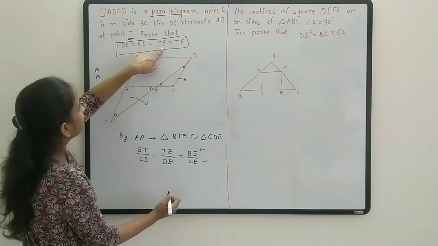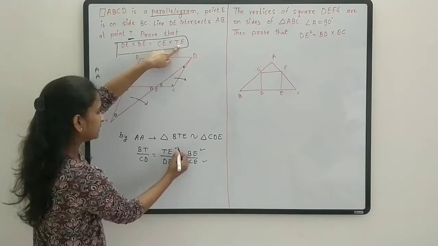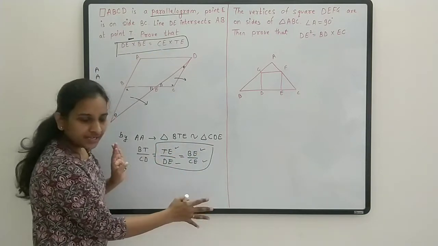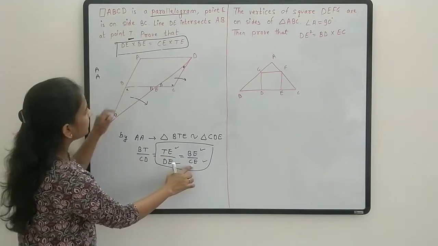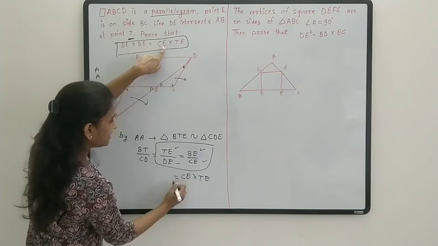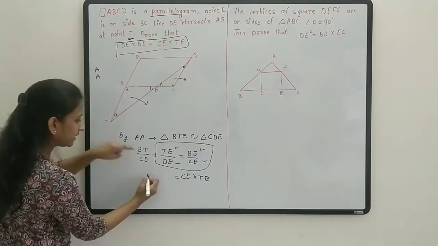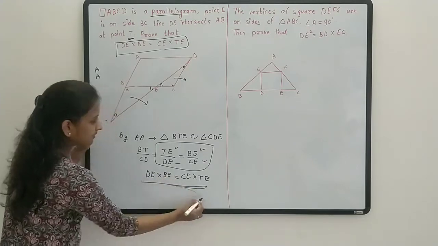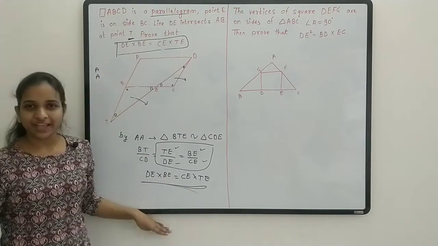Now we want TE side and DE side. So by cross multiplication we can write CE into TE is equal to DE into BE. Got it? So hence proved.